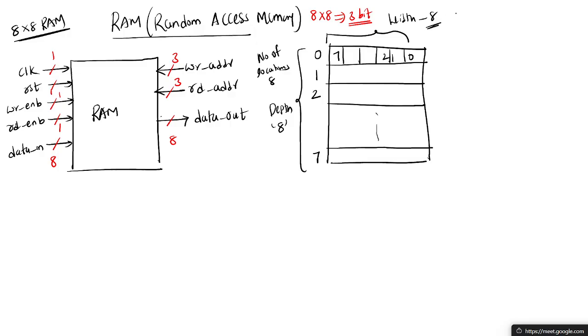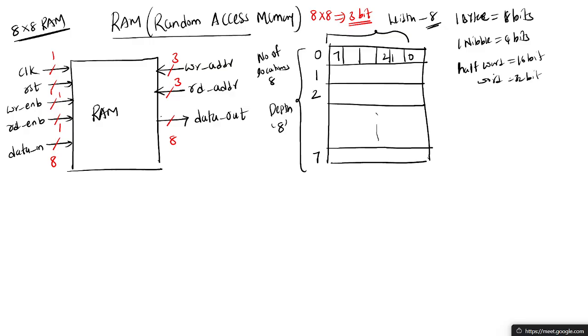That's why RAM is initialized in terms of bytes. 1 byte equal to how many bits? 1 byte equal to 8 bits. You know this. 1 nibble equal to how many bits? 4 bits. And half word equal to 16 bits, and one word equal to 32 bits.